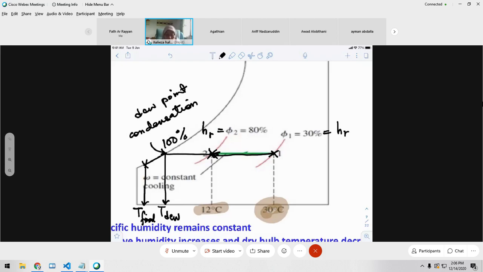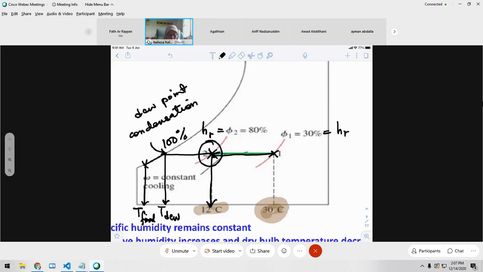That's how you do the cooling. But if it hasn't reached 100%, for example, if your final position is at position 2, then the final temperature will be 12 degrees C. If you proceed to cool it down further, you will hit the 100% curve, and the first drop will form at the dew point. Okay, I'm repeating myself now.